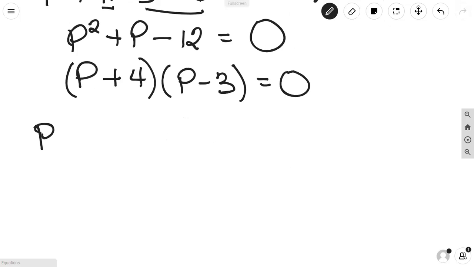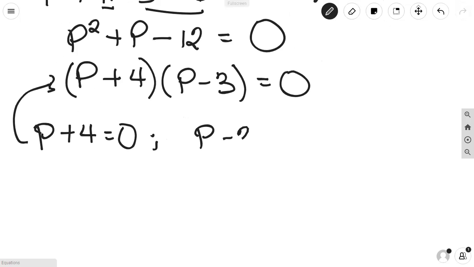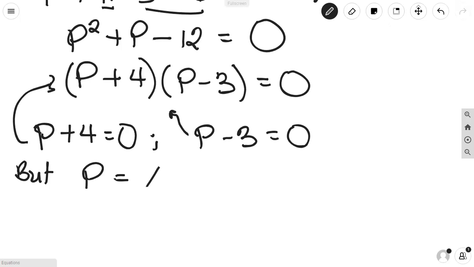Observe that p + 4 equals 0 will satisfy this equation. Also observe that p − 3 equals 0 will also satisfy the equation. But do you recall what p is? We chose p to be x² + 2x.